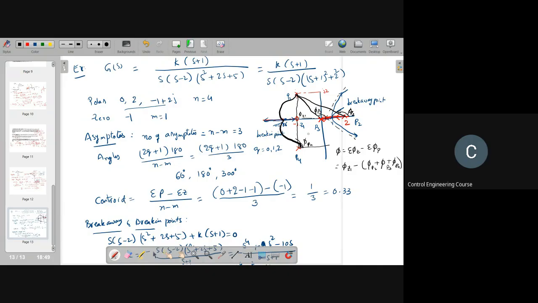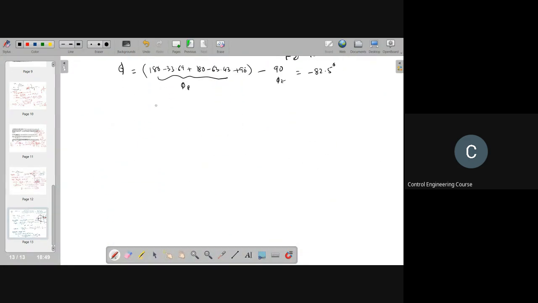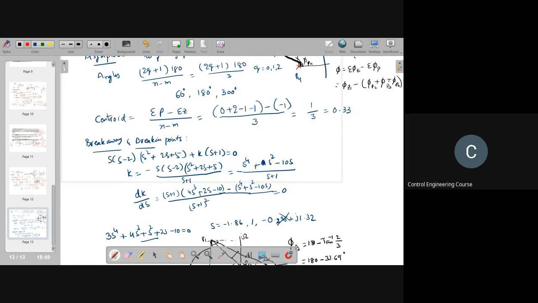I will cleanly draw again. There is the centroid, centroid, right.